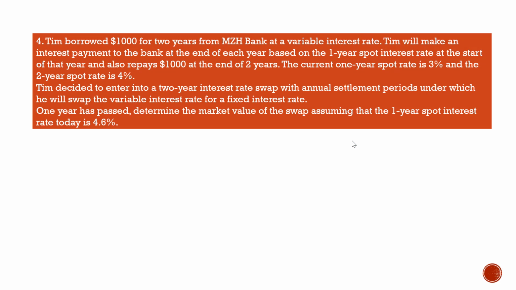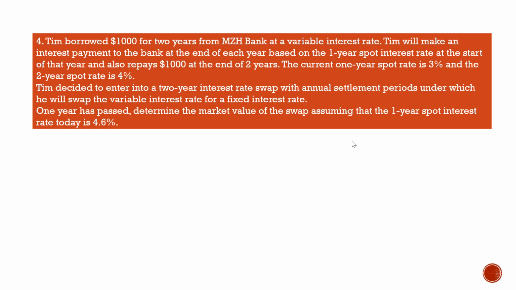Question number 4. Tim borrowed $1,000 for 2 years from MZH Bank at a variable interest rate. Tim will make an interest payment to the bank at the end of each year based on the 1 year spot rate at the start of that year, and also repays $1,000 at the end of 2 years.